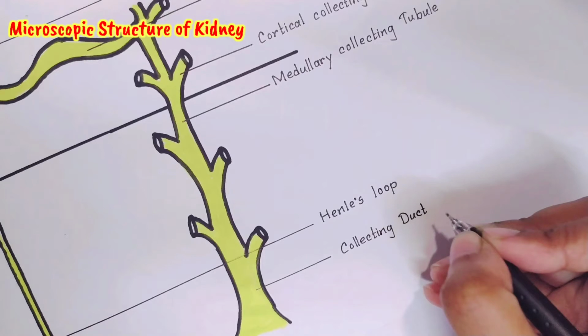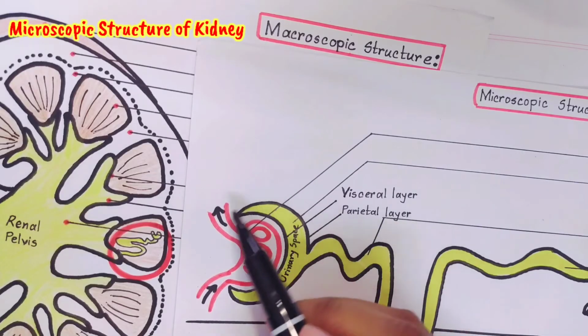Whereas the collecting part includes collecting tubules into which nephrons open, and ducts of Bellini formed by many collecting tubules. They open into the minor calyxes at the summit of the renal papilla.